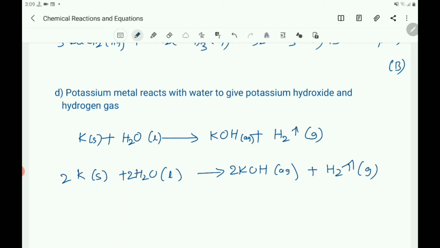So you got 2K plus 2H2O gives 2KOH plus H2. In this way you got the balanced chemical equation for the given chemical reaction. This is skeletal. This is balanced. In this way the given statements are translated into chemical equations.